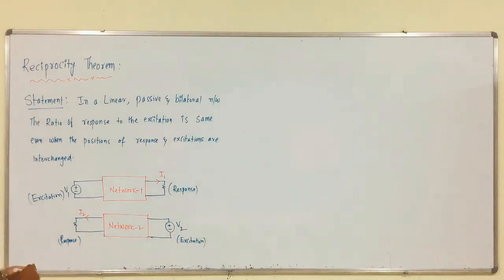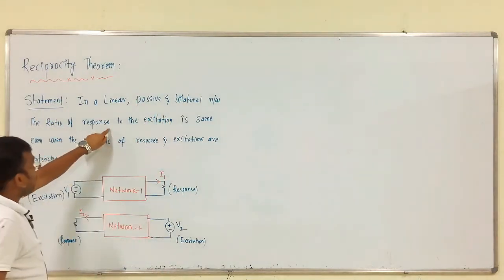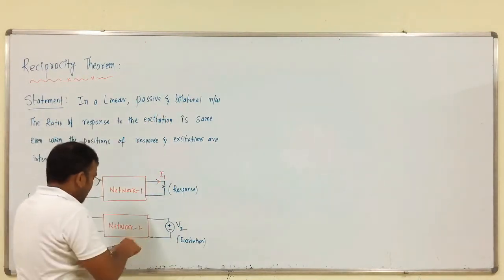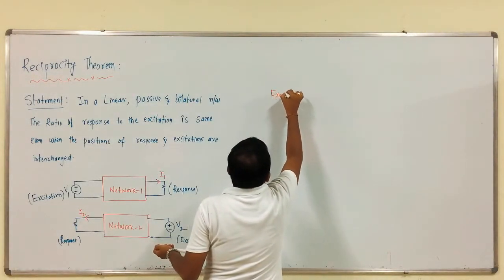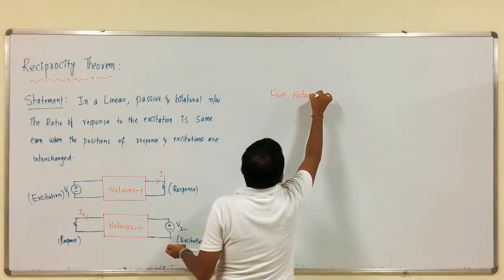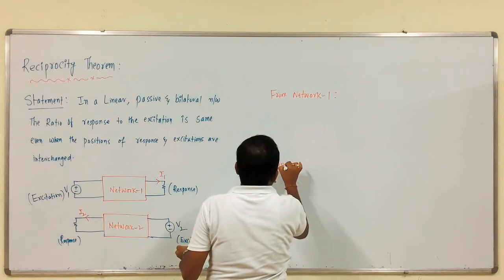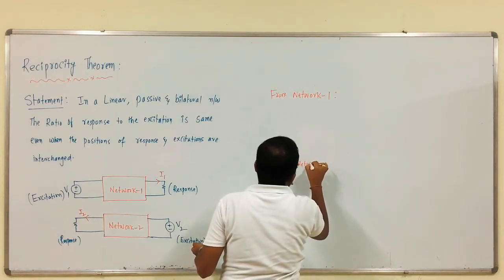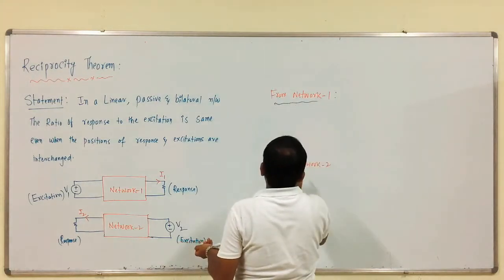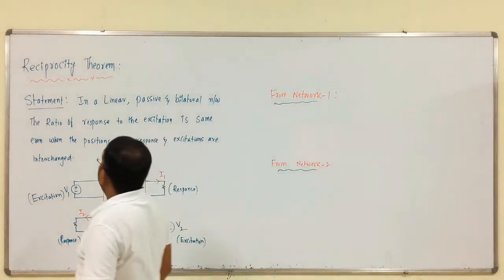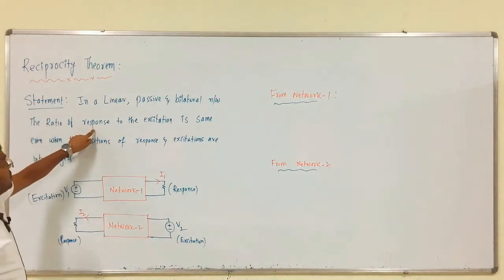Then read the statement. In a linear, passive and bilateral network, the ratio of response to the excitation.